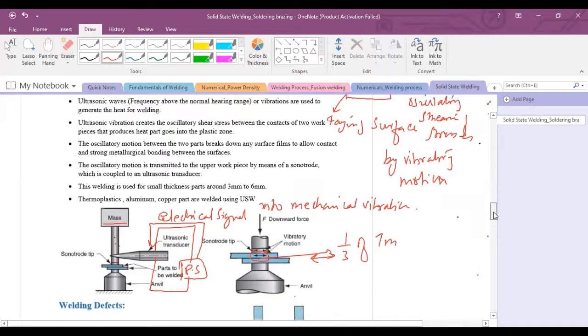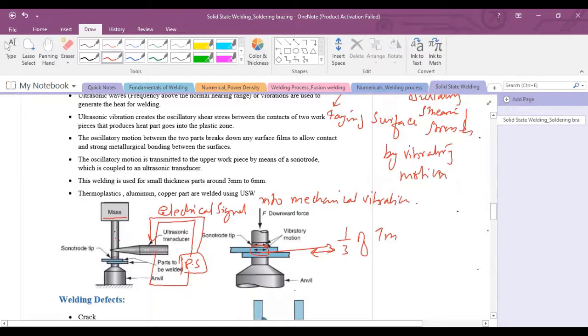This oscillatory stress is also responsible for breaking the oxide films and contamination if they are present at the interface or on the surfaces of the base metal. An additional static force is applied on the upper part of the base metal. This force is used to produce a strong solid joint between the two base metals.